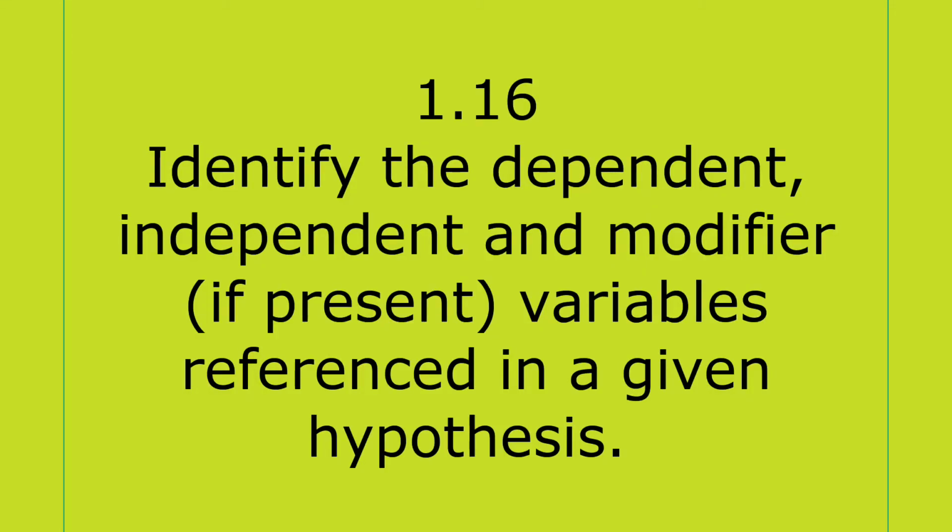So read through the information and examples in the notes, and then possibly go back and reevaluate some of the objectives, like the steps in the scientific method, once you feel comfortable with what that phrase really means. So objective 1.16 asks you to identify the dependent, independent, and moderator variables that are referenced in hypotheses. And I provide a lot of examples for this in the course notes.